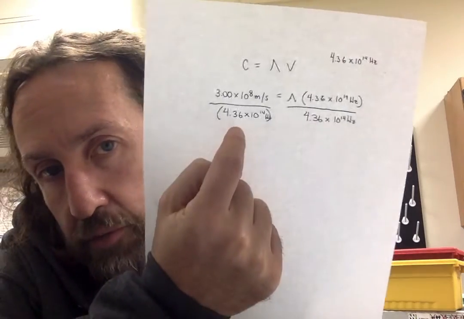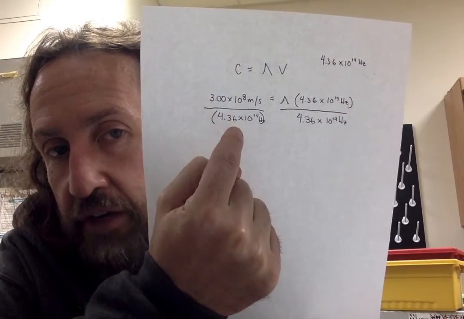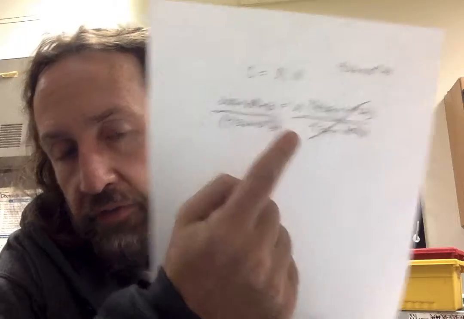Now I'm going to put parentheses around that. Forgot to put my hertz in there. I'm going to put parentheses around that one, because this divided by that is going to give us, so that crosses off, the wavelength. Okay?